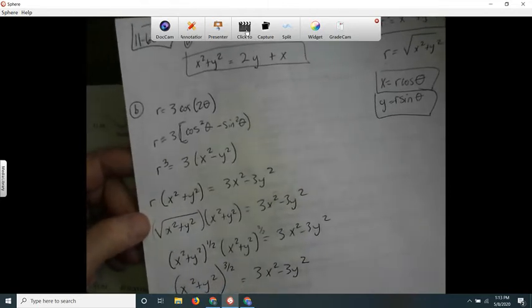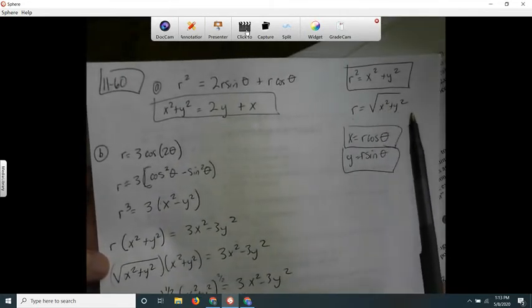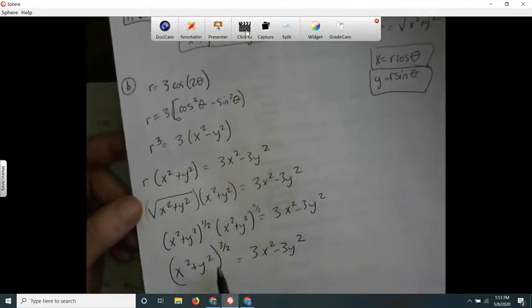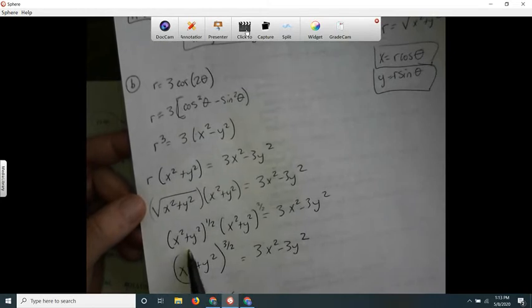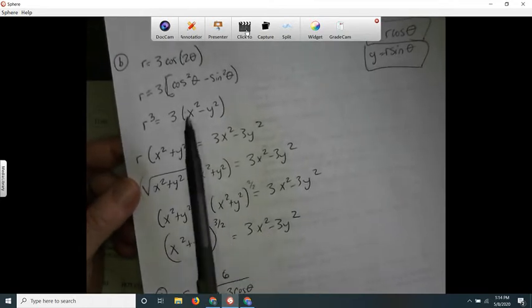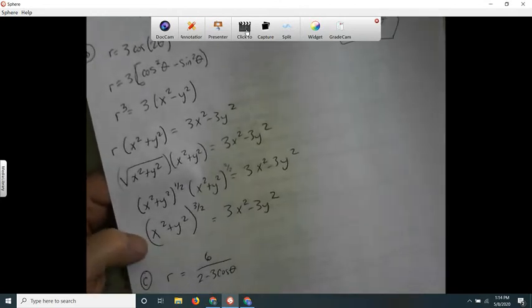I need to get rid of the r, so I know r is equal to the square root of x squared plus y squared. But then I realized I can just write this as x squared plus y squared to the 3/2. And so you end up with this, or you can leave the 3 factored out like I have it up there. But when there's a will, there's a way to get these things done.